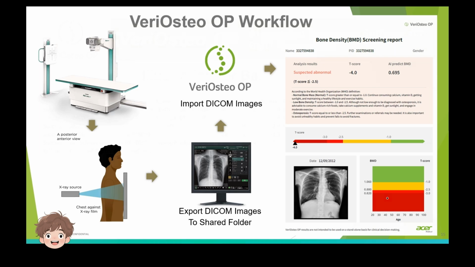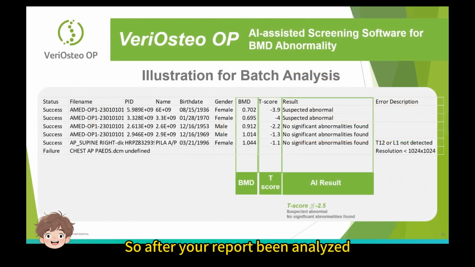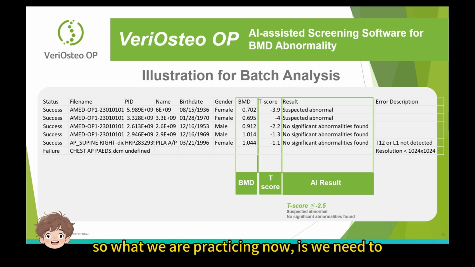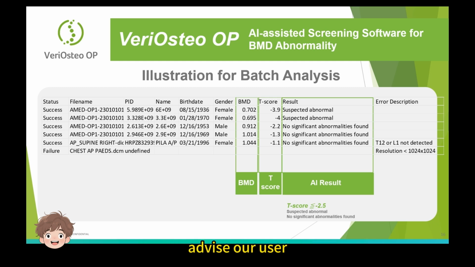After your image has been analyzed, it will give you two files. One is the Excel file and one is the PDF report file. What we are practicing now is we advise our users to look into the Excel file first, just to make sure that on your left the statuses are all success, and only then can you provide the PDF report to your patient.